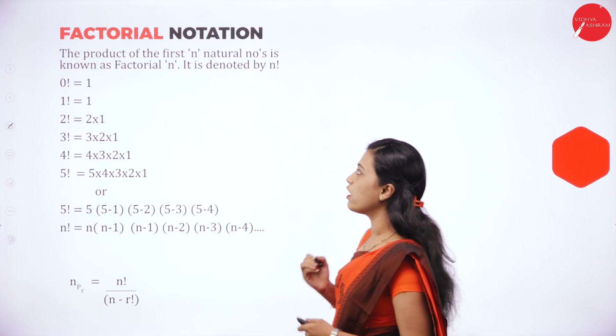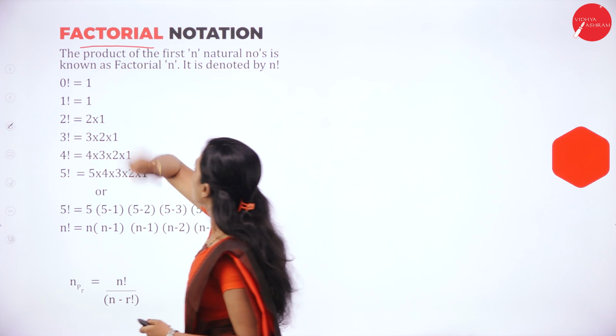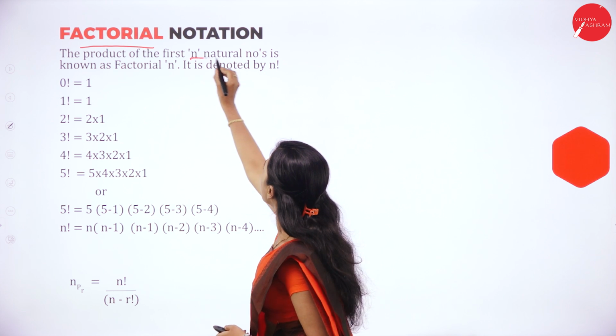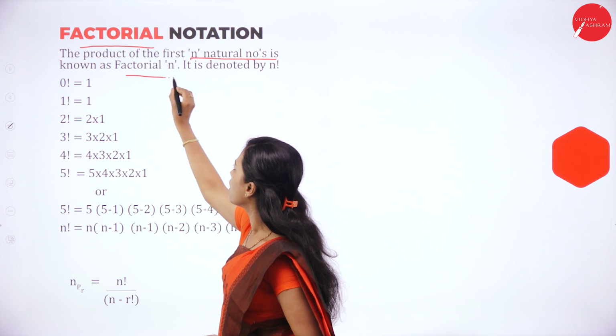Then factorial notation. What is factorial? The product of the first n natural numbers is known as factorial n.